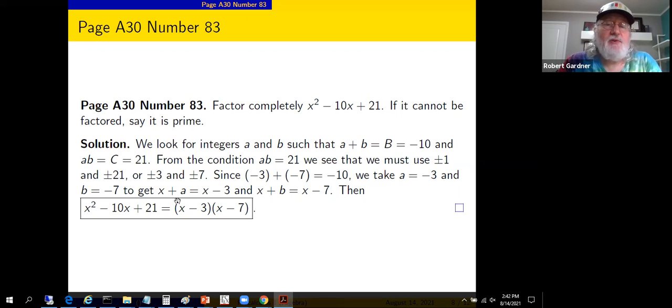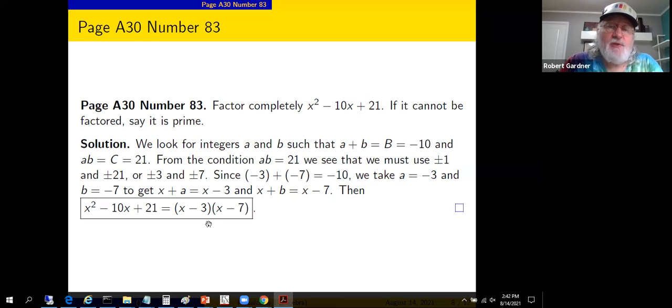And that gives the factors x plus a, that is x plus negative 3, x minus 3, and x plus b, x plus negative 7, or x minus 7. And so what we were given factors is this product. If you FOIL it to check it, it will work because we've done the arithmetic correctly. FOIL is where the a and b idea comes from.